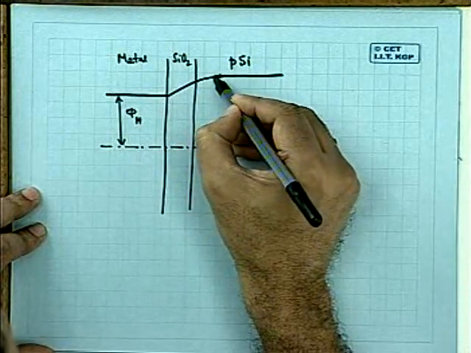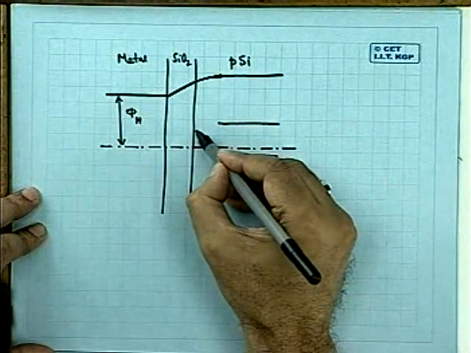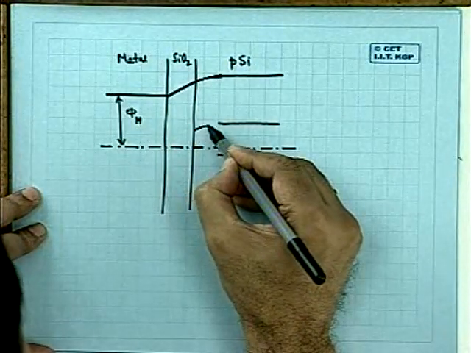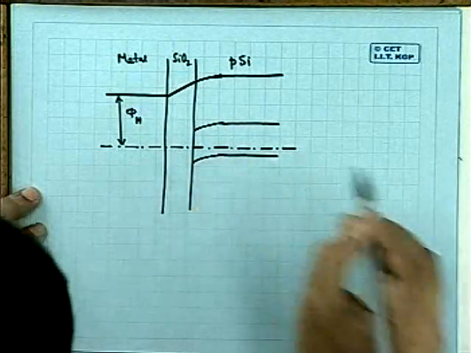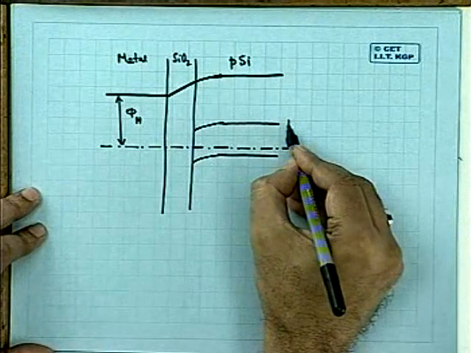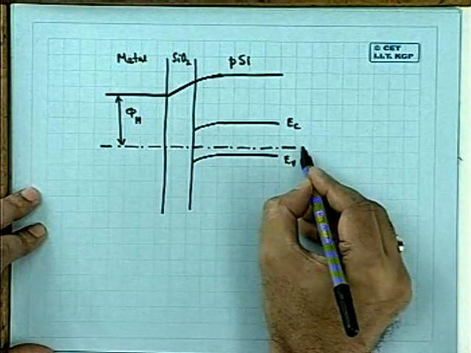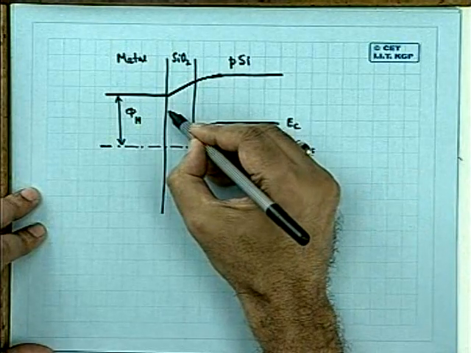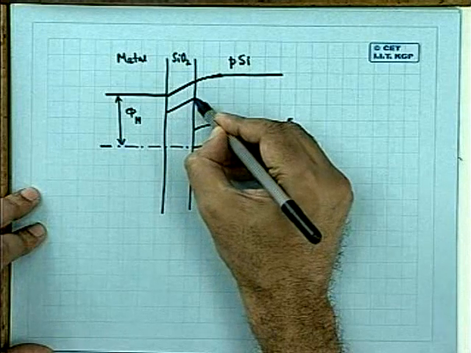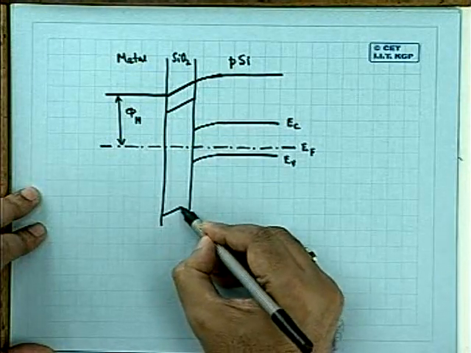You remember I discussed earlier in plotting everything: heterojunction, metal semiconductor junction, everything. And this thing will be something like this. The EC and EV will be something like this.